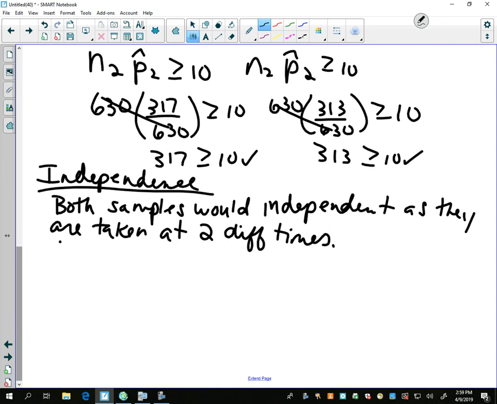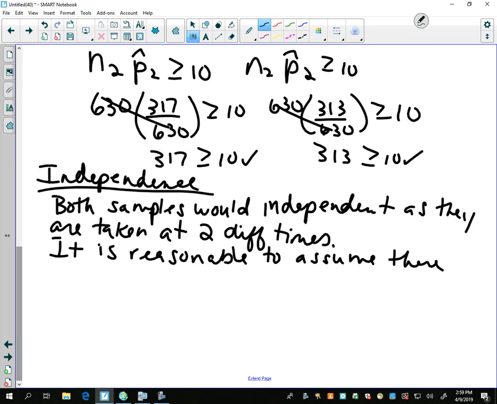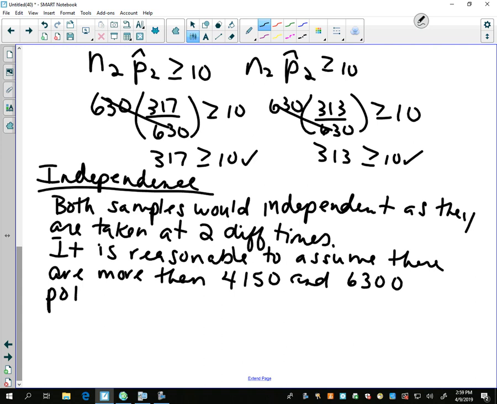And it is reasonable to assume there are more than 4,150 and 6,300 potential voters in both populations. All right.